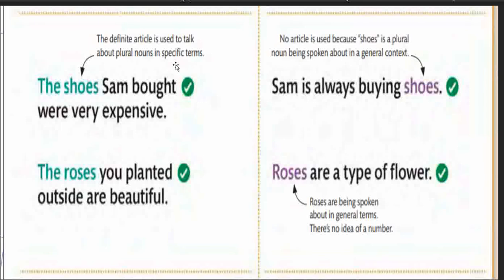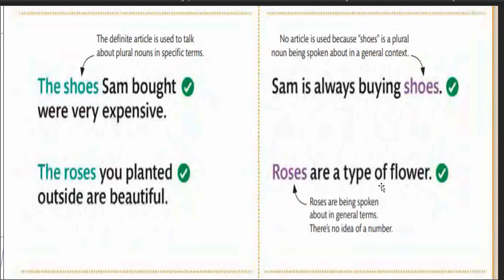We were talking about a specific set of shoes. We were talking about a specific set of rose plants or roses. So the was used. Now over here what happens is we are talking in general context. Sam is always buying shoes. So it is correct because we are talking in general context.